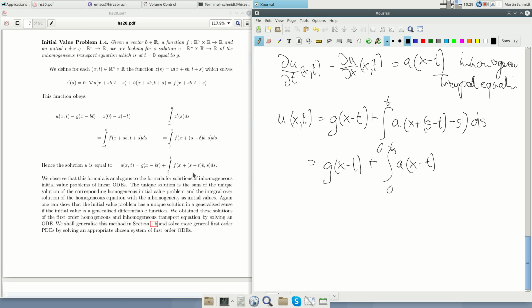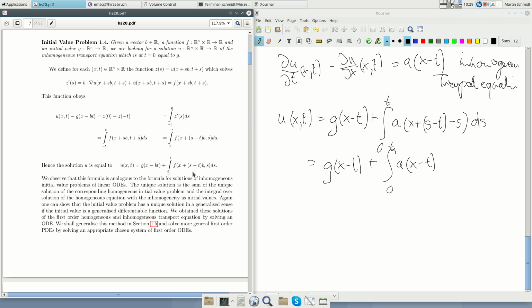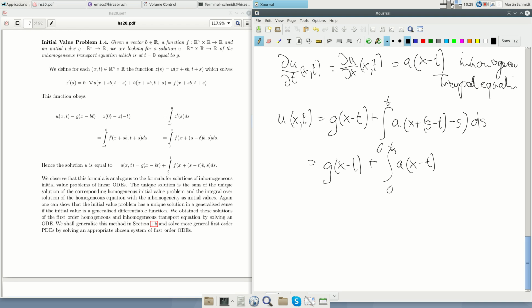No, there's something wrong. This time b is minus 1. This is my mistake. Since here we have a minus, b is minus 1, and for this reason we have a minus here. If we simplify this, then we have a of x minus 2s plus t, ds.